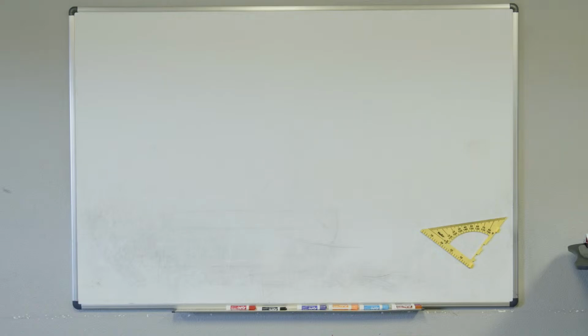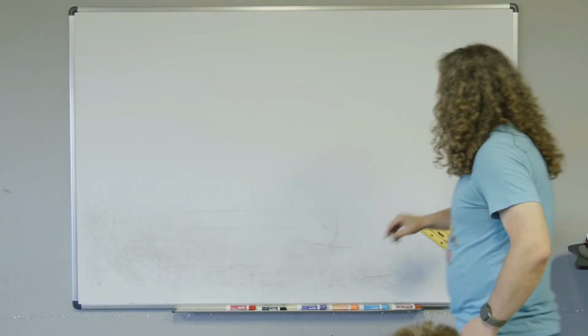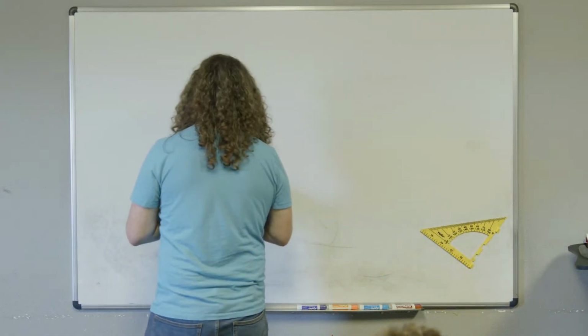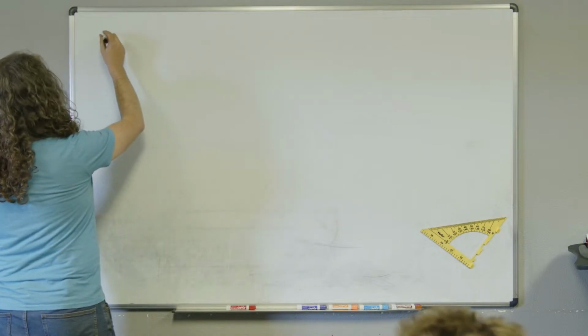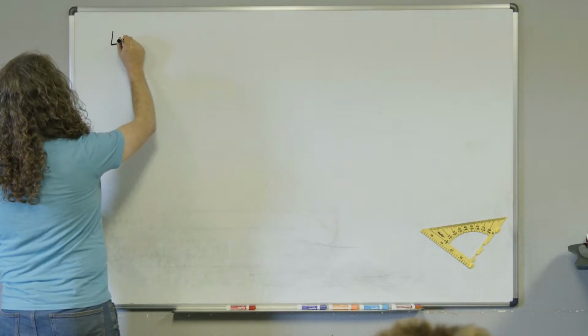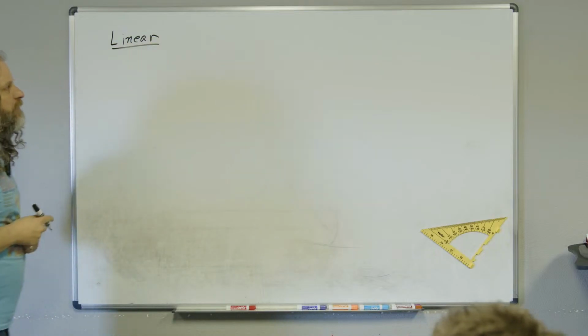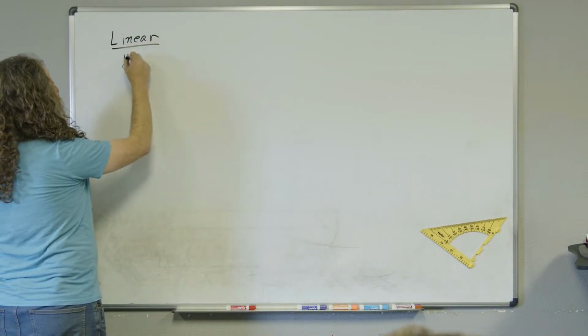In today's lesson, we're going to learn about graphing parabolas. We're going to graph quadratic functions. So, the functions that we've seen so far are linear functions. The linear parent function is y equals x, right?